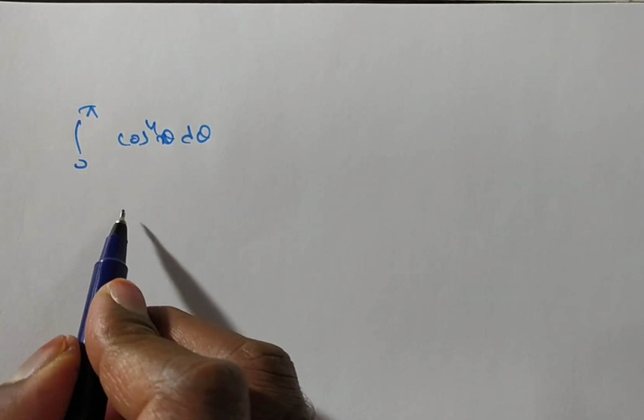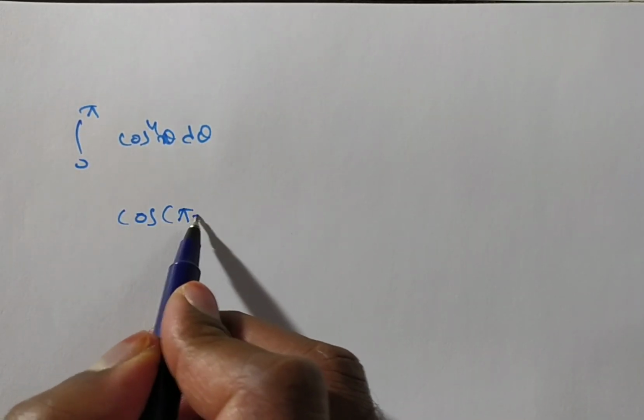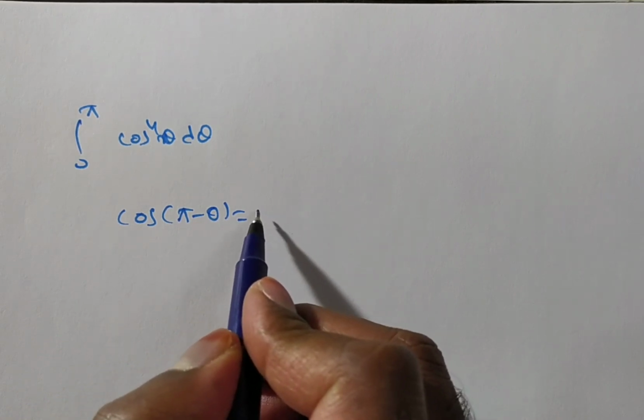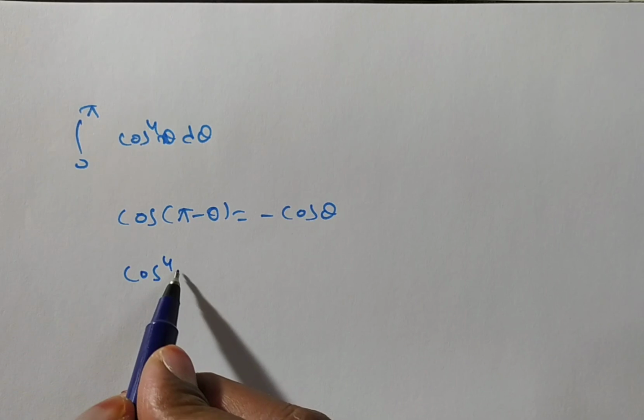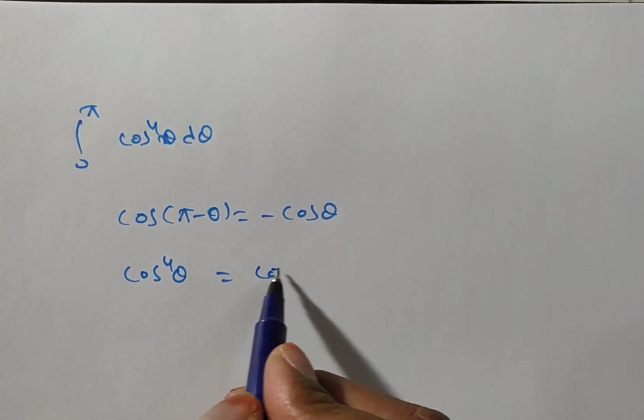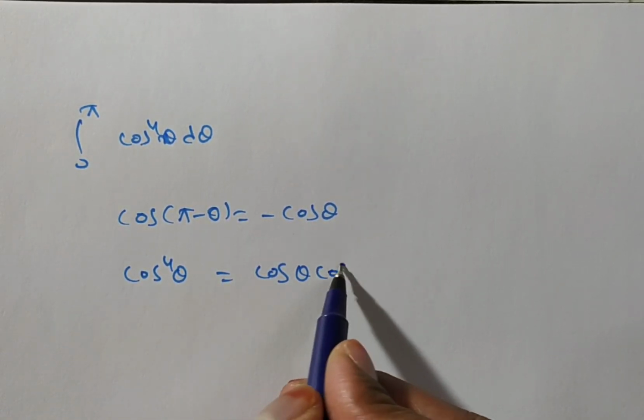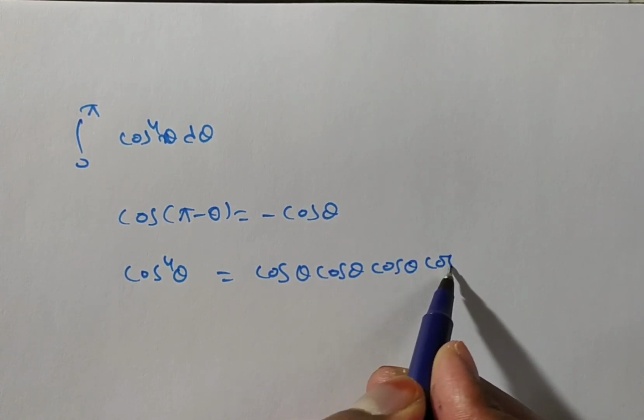So now in place of this one, first cos of pi minus theta is minus cos theta. Yes or no? So cos to the power of 4 theta is nothing but cos theta into cos theta into cos theta into cos theta.